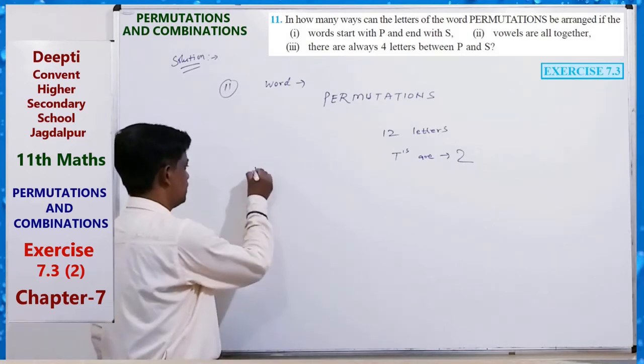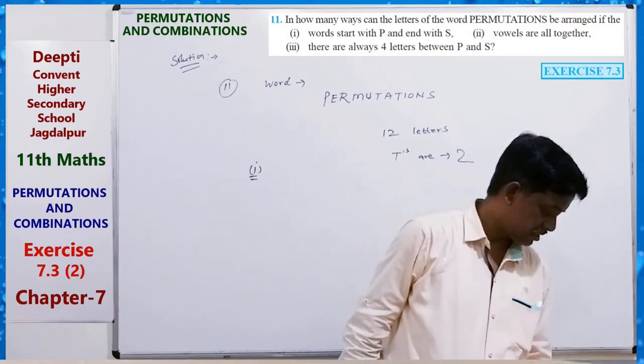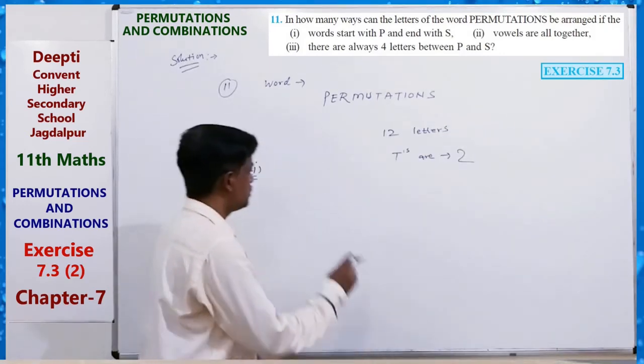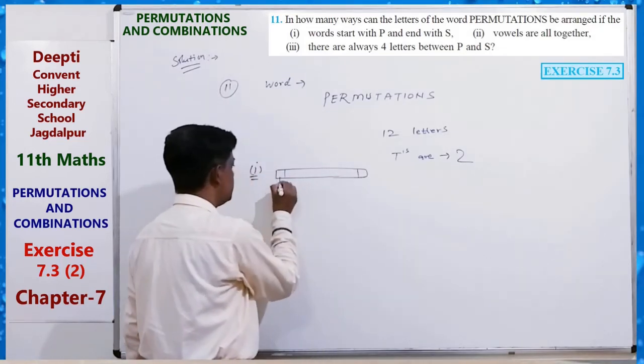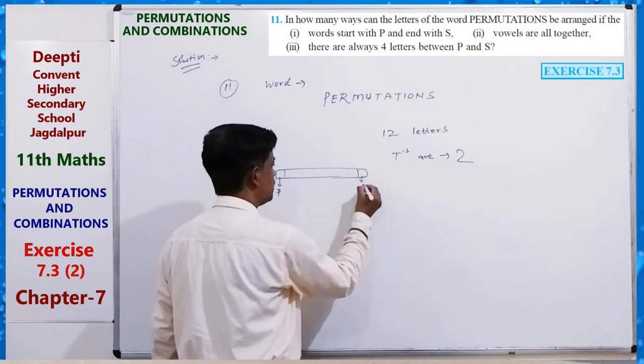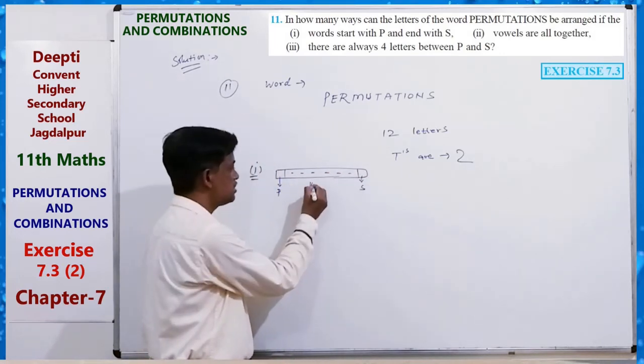So the first answer. First it is given that the word starts with P and ends with S. So there are 12 places. Here will be P and here will be S, and the remaining are 12 minus 2, 10 places.